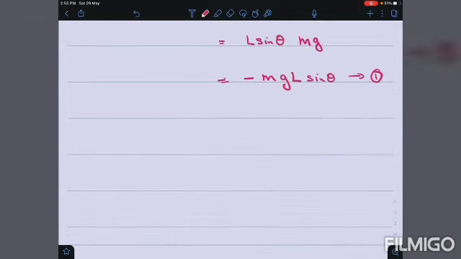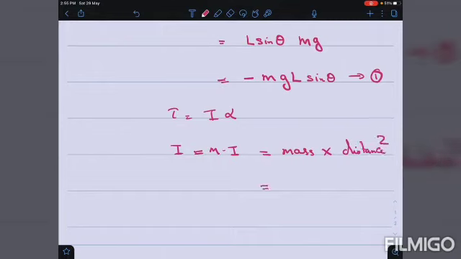The formula for torque in terms of moment of inertia and angular acceleration is tau equal to I alpha, where I is the moment of inertia, and we know the definition as mass into distance square. Here the mass is small m, and the distance is the length of the simple pendulum, L square.